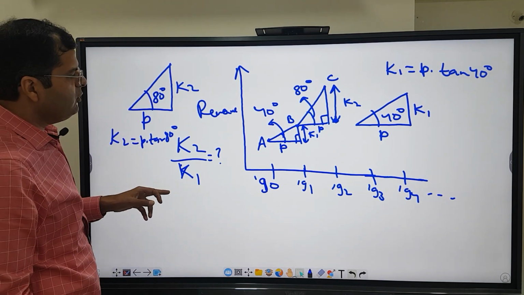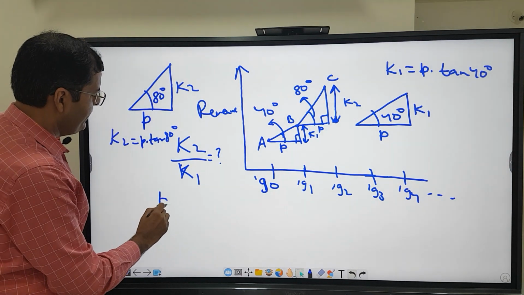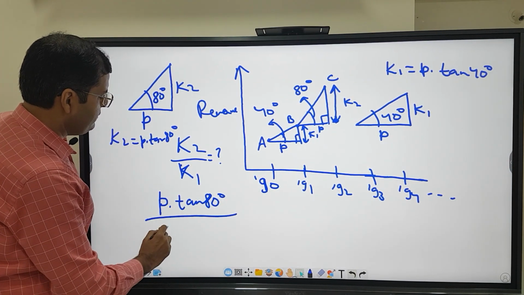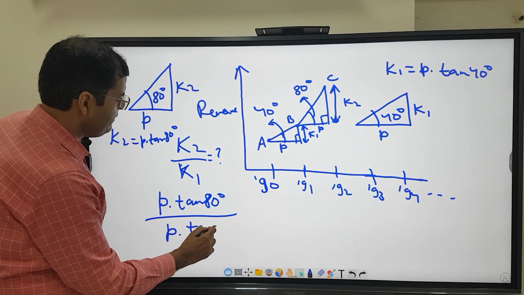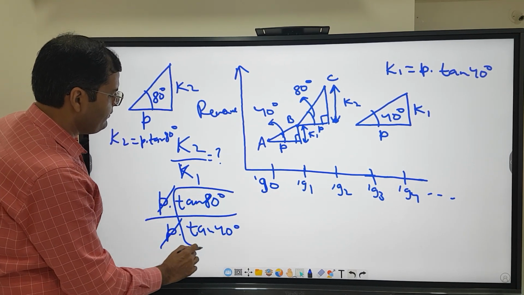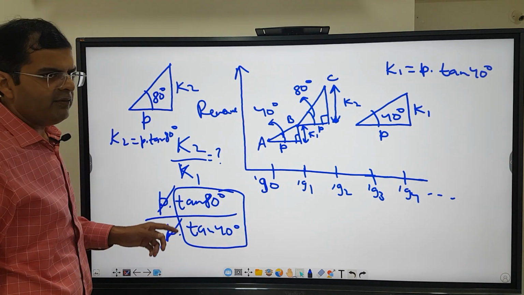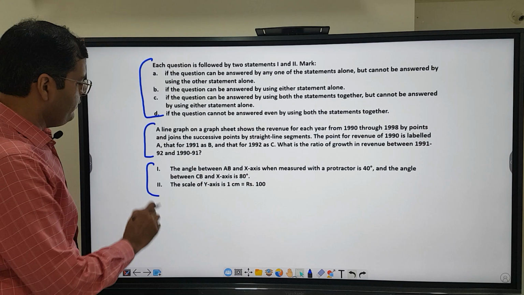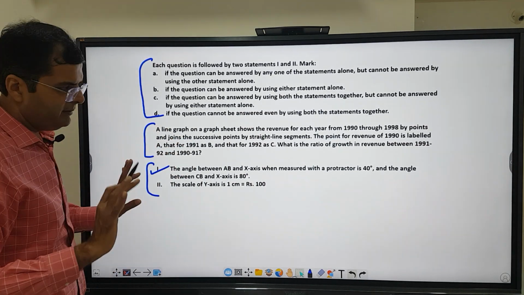And I have to find K2 upon K1. K2 is P times tan 80 degree. K1 is P times tan 40 degree. P gets cancelled. Tan 80 and tan 40 can be calculated. So we can find the ratio as tan 80 divided by tan 40. So one statement is giving me the answer.